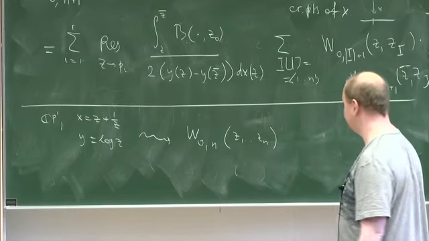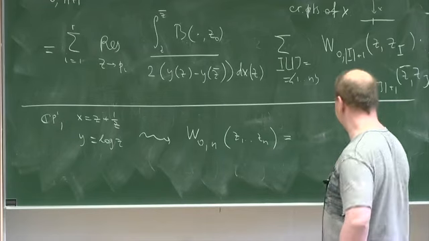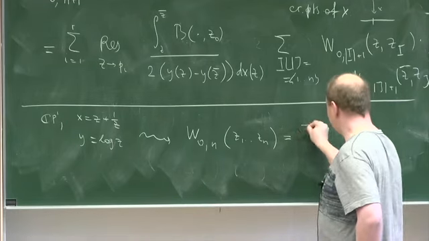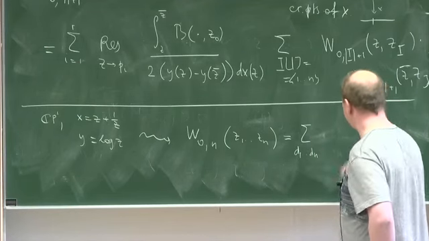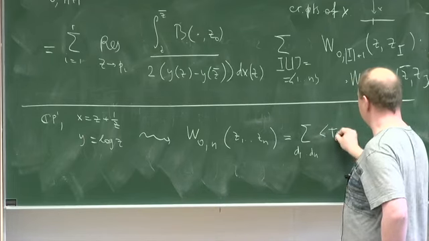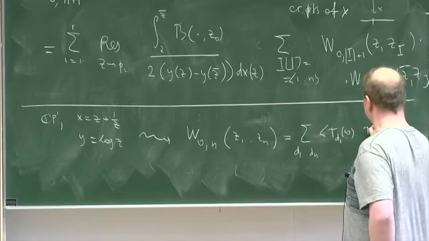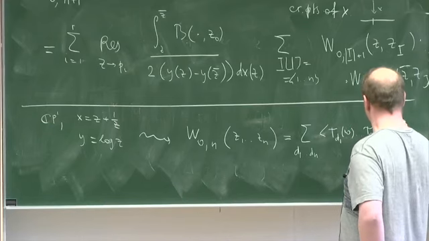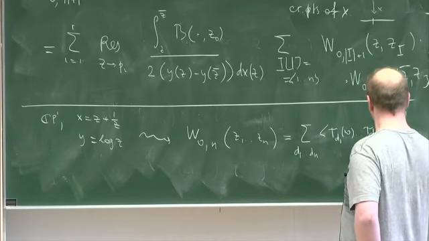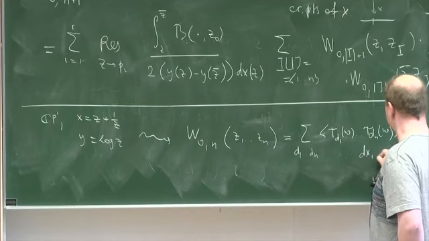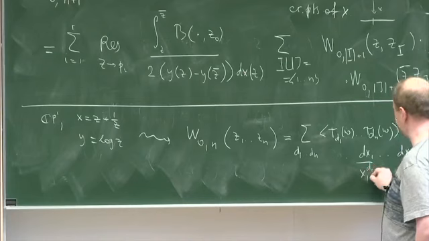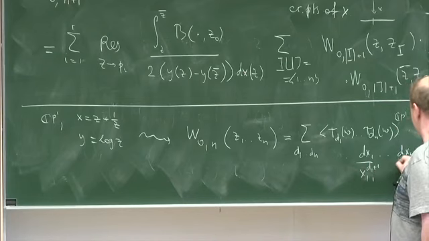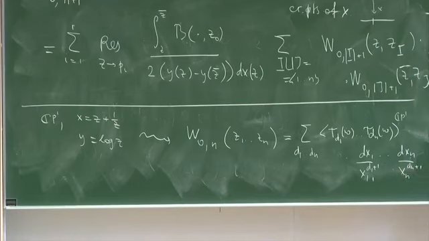We can take expansion at infinity, for example, and we can say that it's going to be the sum of all possible d1, ..., dn of the following gadget. I put here tau d1 of omega, tau dn of omega, CP1, times dx1 ... dxn divided by x1 to the power d1 plus 1 or something like that, ... xn to the power dn plus 1.